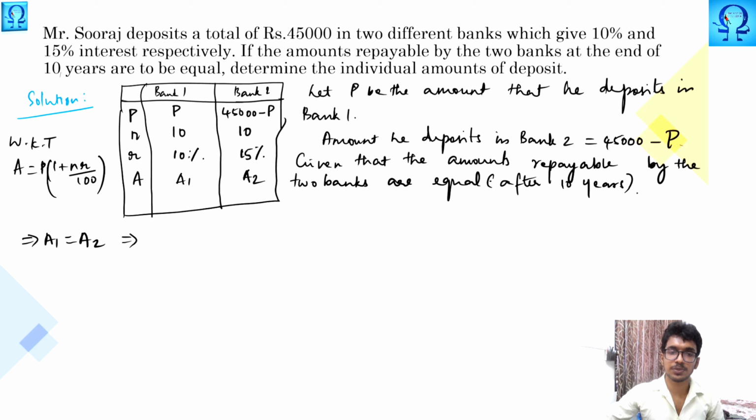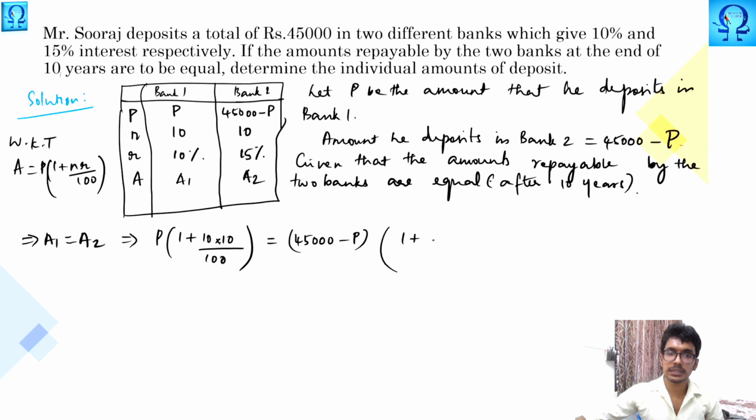That means you have to substitute this information. This is P times (1 plus N is going to be 10, R is also 10, upon 100). This is the same as 45,000 minus P times (1 plus N is 10 and R is 15 upon 100).